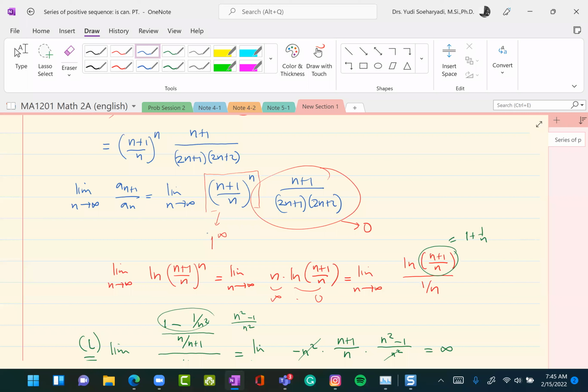Hoping to get something convergent. Let's see. Times this. Let me check if there is any. Did I make a mistake? 1 over n.